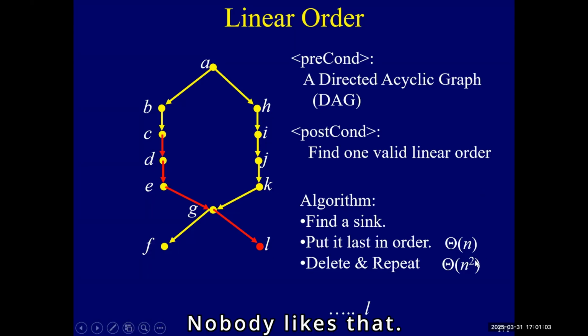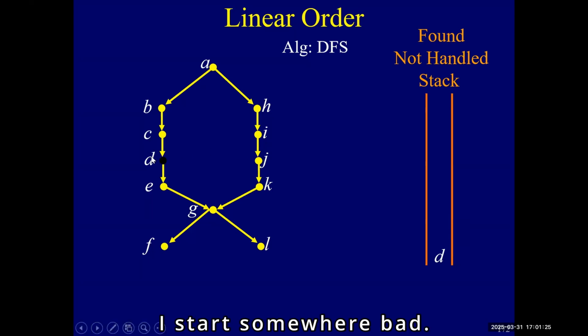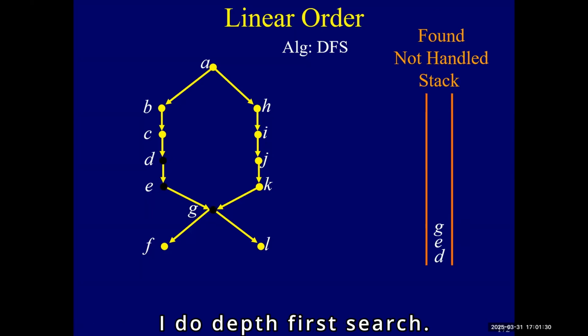Nobody likes that. So instead we're going to do depth first search. You choose an arbitrary starting node. What's arbitrary? It's chosen by my adversary, who wants my algorithm not to work. It's not a random one. It's a bad one. I start somewhere bad, and then I do depth first search. Everybody see that? Now I have a sink because we're done.